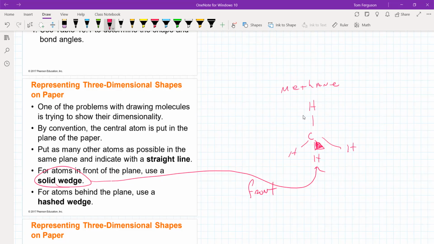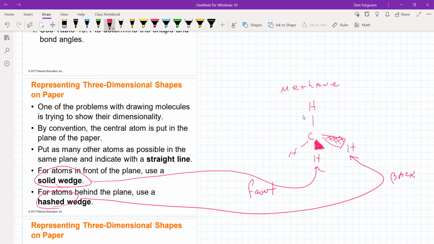And then conversely, going into the page, on the other side of the page, is going to be hatched or something other than solid.